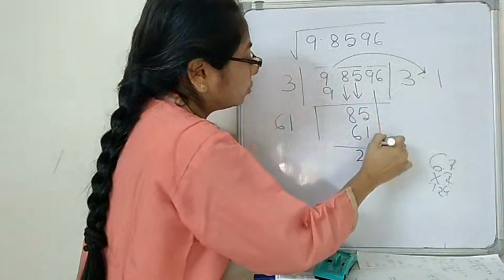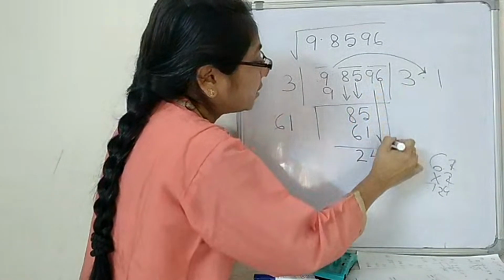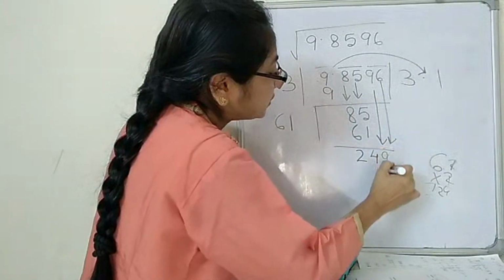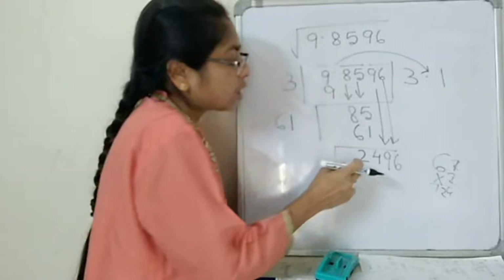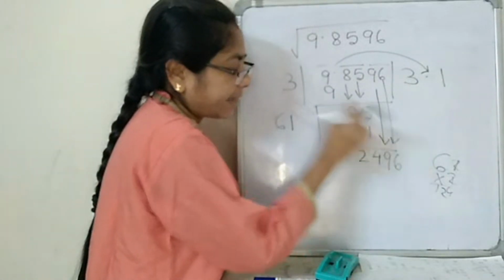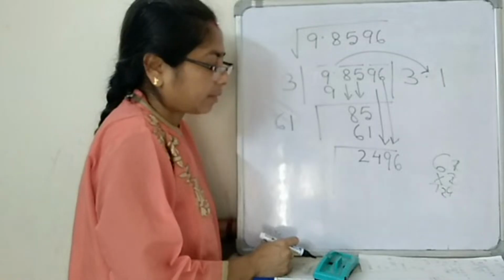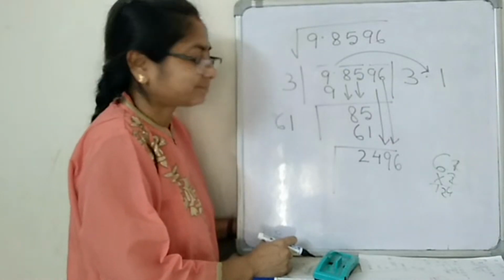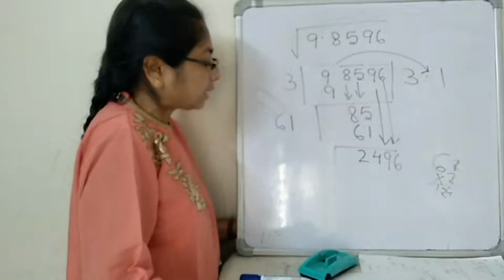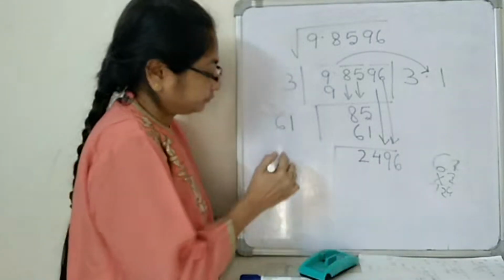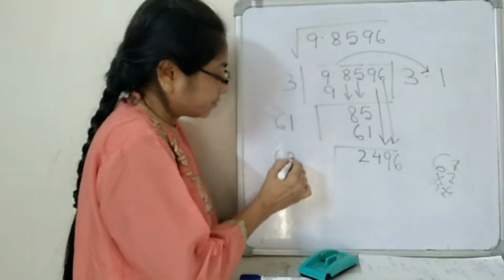Now bring down 2 digits. It is 96. Clear? Now my full number is 2496. Now what are we doing? 31 doubled is 62.